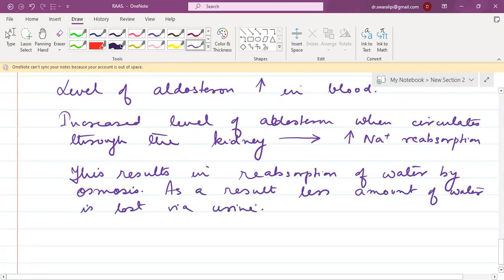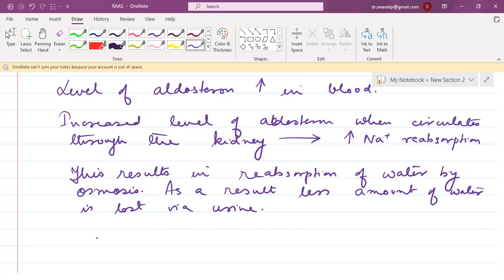And what is happening? This aldosterone is also stimulating increased secretion of potassium. Now we know that sodium is mostly present in high amounts in the extracellular fluid, and potassium is present in high amounts in the intracellular cytosol.